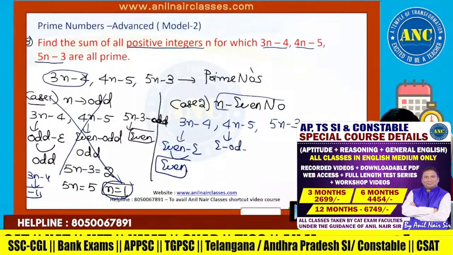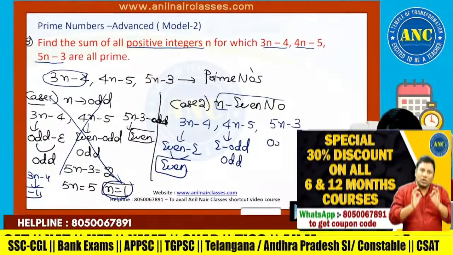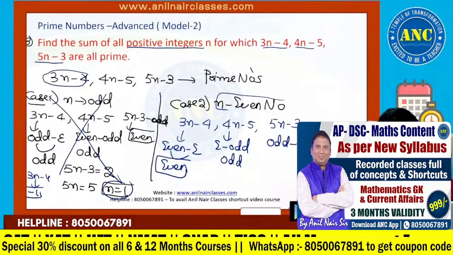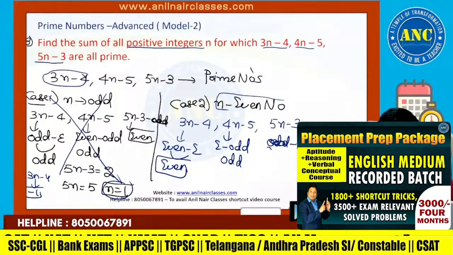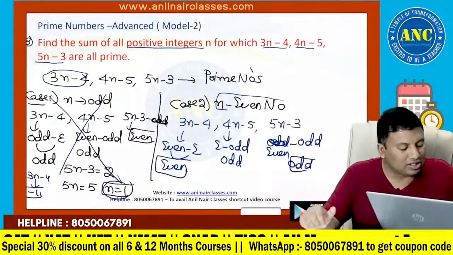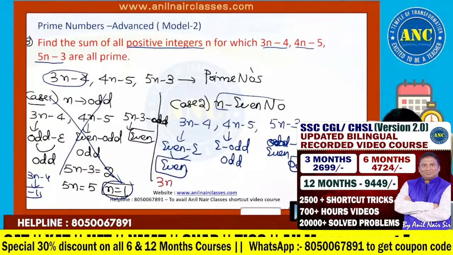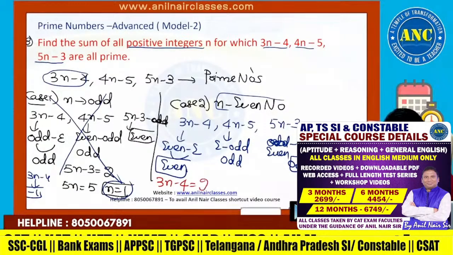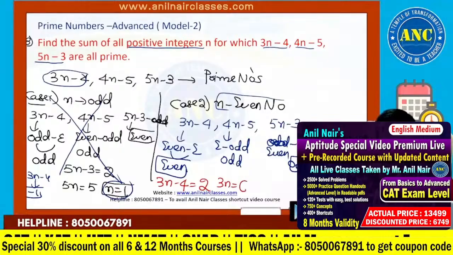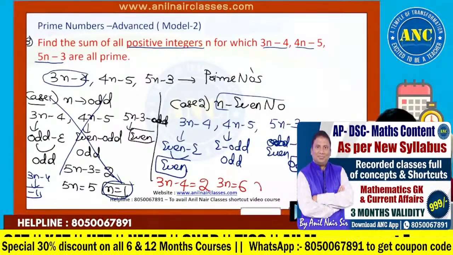Even minus 5, it is an odd number. Even into 5, even; minus 3, which is also an odd number, it is odd. The only one case which we got is 3n minus 4 should be even. So if 3n minus 4 is even, the case that is possible is 2. So 3n equivalent to 6, n equivalent to 2.